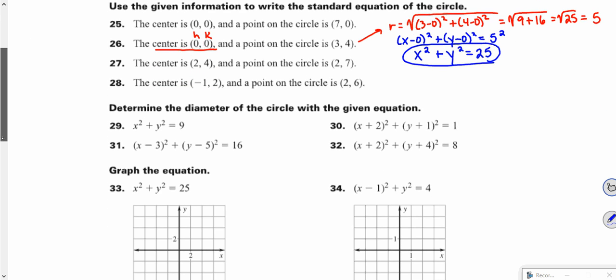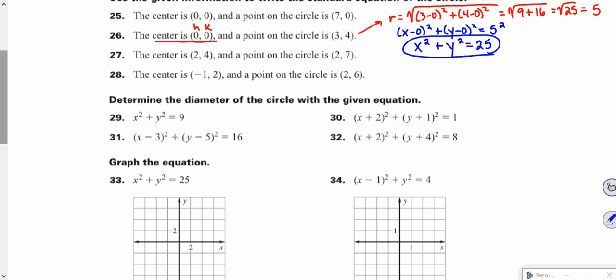Determine the diameter of the circle with the given equation. I want to remind you that diameter equals 2 times the radius. The diameter is a chord that goes through the circle's center, so it's twice the radius. All we have to do here on 31 is figure out what the radius is.